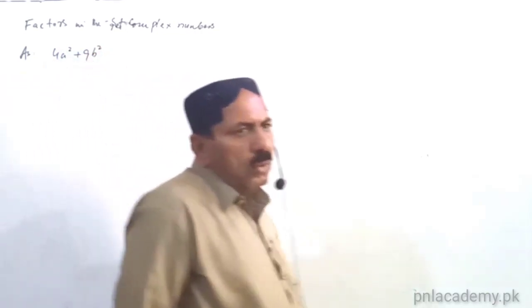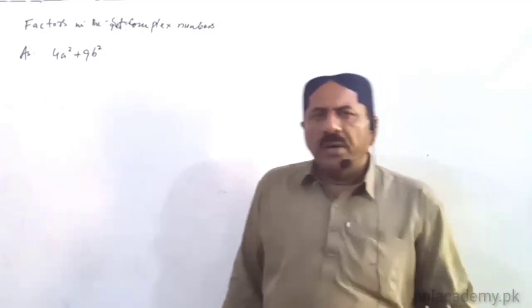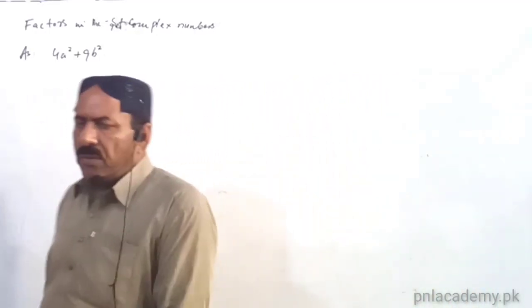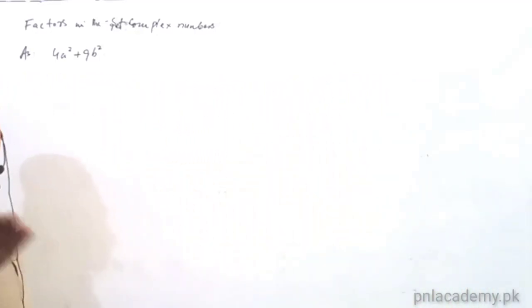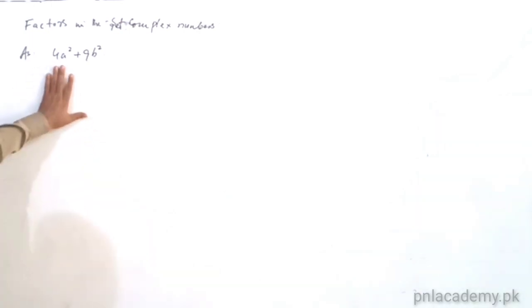We already know according to the difference of 2 square. Difference of 2 square have the two factors just like x minus y and x plus y. But here 4a square plus 9b square. How we can make the possible factors of this expression?